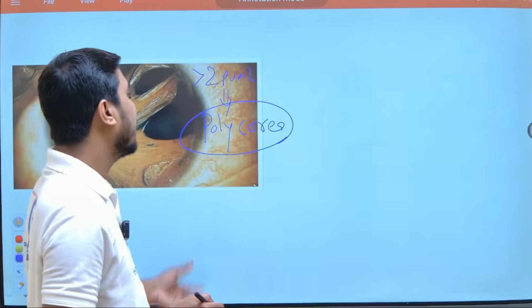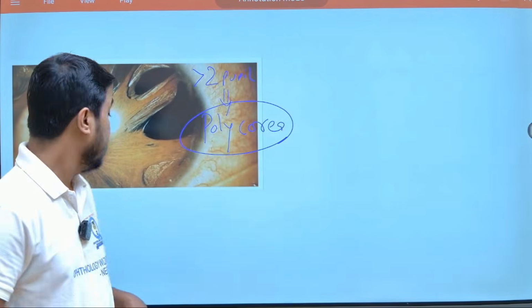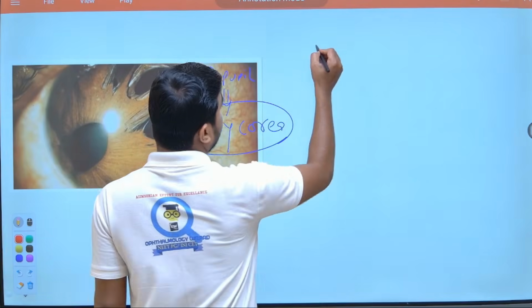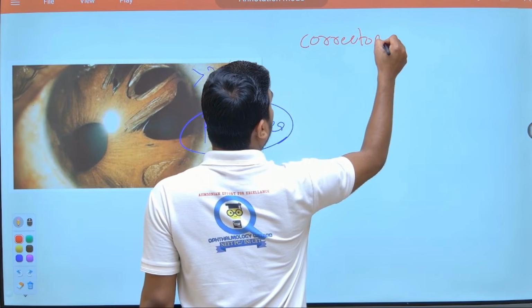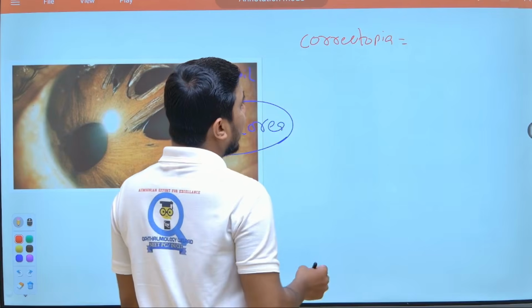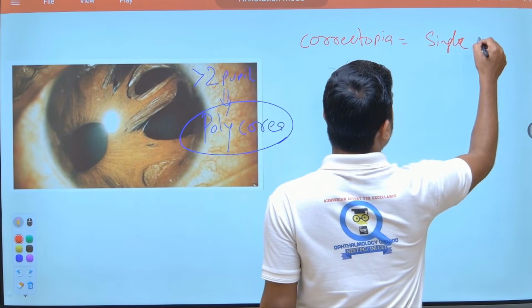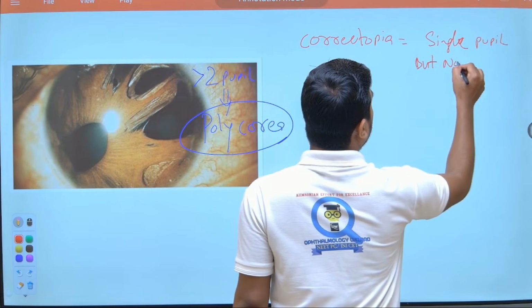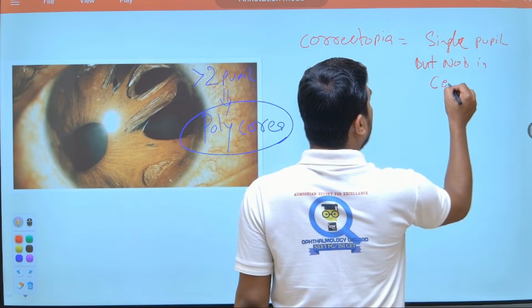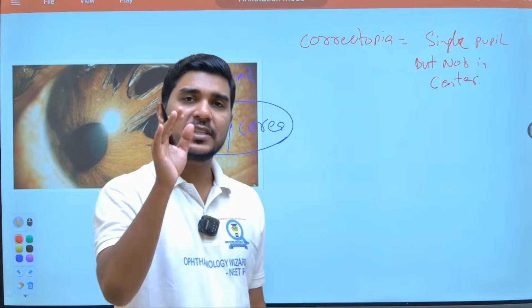And when you know what polycoria is, then two more important things come to mind. One is corectopia. Corectopia is a single pupil but not in the center, meaning it is displaced from its normal central position.